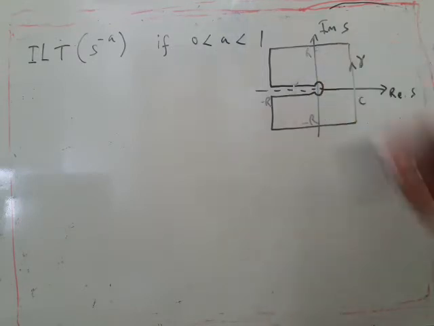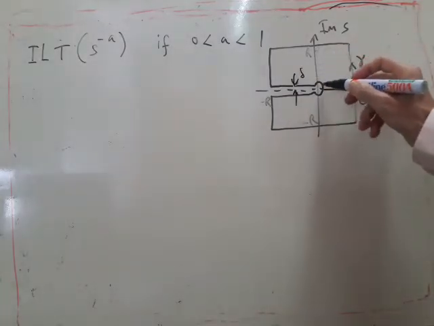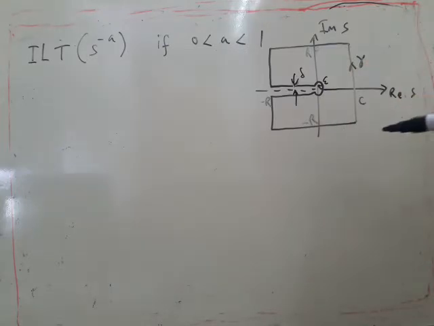And we're calling this distance delta and this radius epsilon. And we're saying delta is much less than epsilon and epsilon is very small.